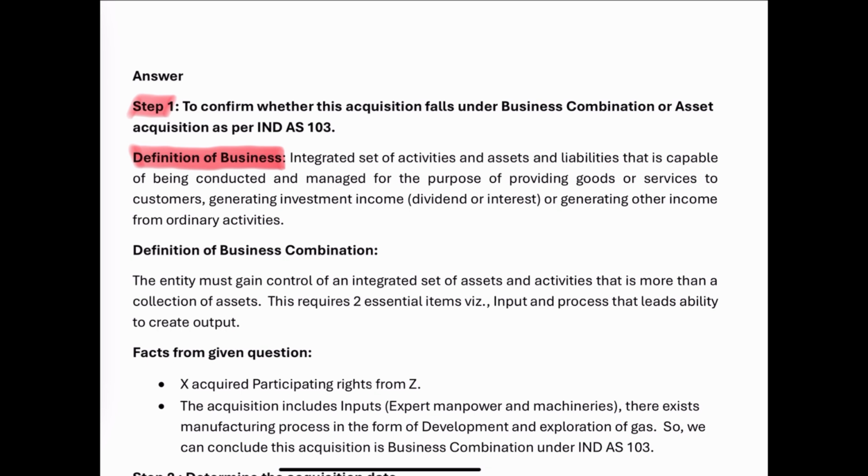This is very critical. Business is defined under Ind AS 103 as an integrated set of activities and assets and liabilities. It should be an integrated set of activities clubbed with assets and liabilities that is capable of being conducted and managed for the purpose of providing goods or services to its customers.